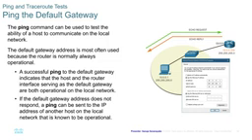A successful ping to the default gateway indicates that the host and the router interface serving as the default gateway are both operational on the local network. If the default gateway address does not respond, a ping can be sent to the IP address of another host on the local network that is known to be operational.